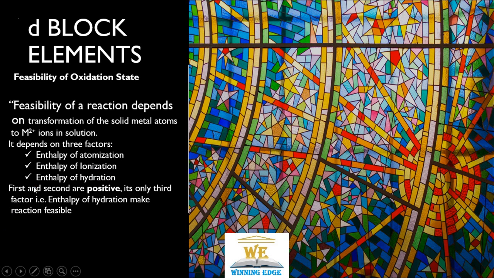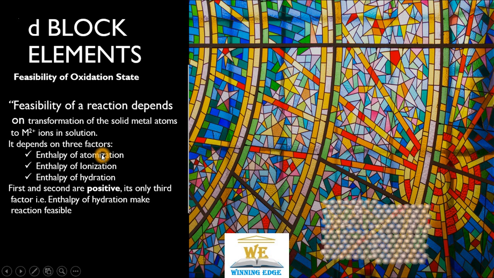The first 2 factors: enthalpy of atomization, the process of converting the solid metal into individual atoms, requires energy, so it's positive. The second process, conversion of these individual atoms into ions like copper 2+, is enthalpy of ionization. Both require energy, that's why their delta H is positive. Third step, hydration of these ions in solution.